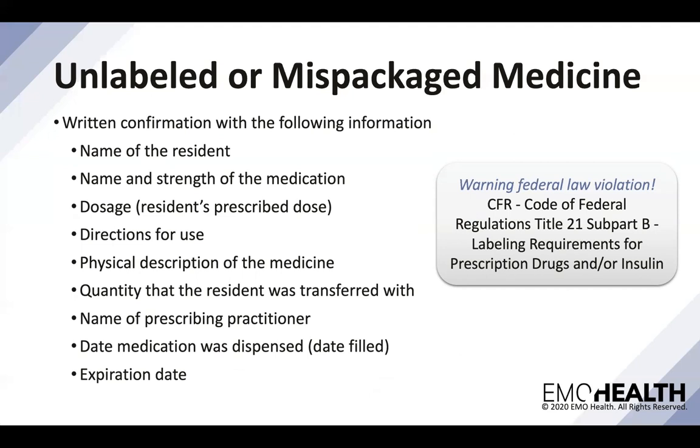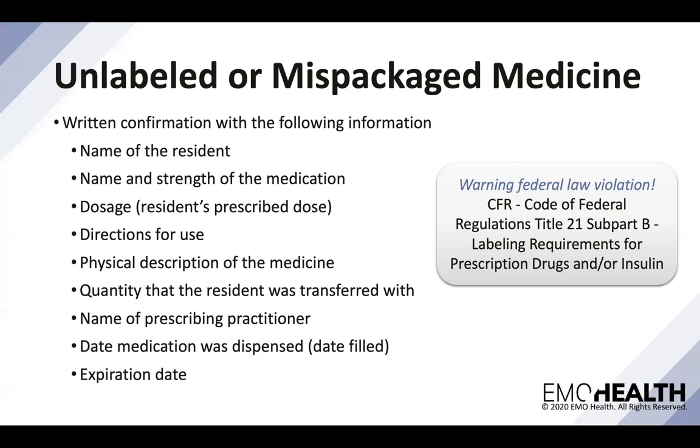Remember, there are many different manufacturers out there. One medication can come in many different sizes and shapes. Get that physical description to make sure that's absolutely what you have in the bottle or package. Make sure you get the quantity that the resident was transferred with, the name of that prescribing practitioner, the date the medication was dispensed, meaning the date it was filled, and the expiration date.